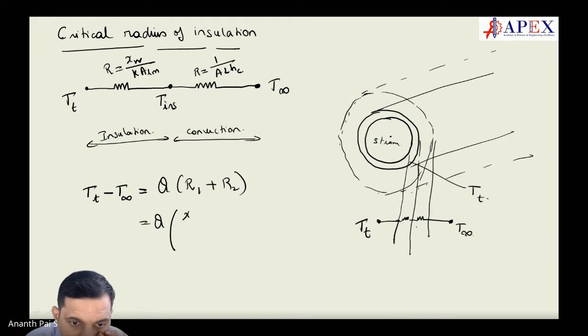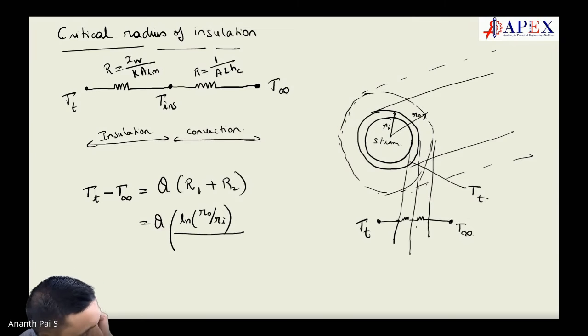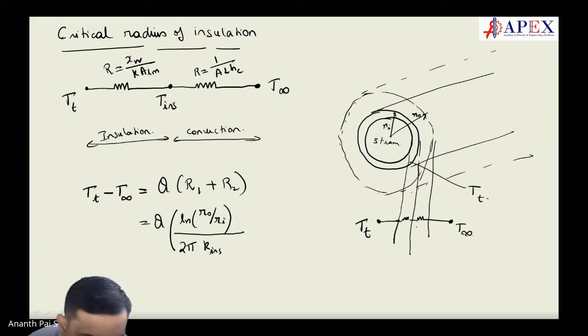R1 is XW divided by A log mean, or we can write this as log of R naught by Ri of the insulation. This is R naught, we will say. This is Ri. Of the insulation we are talking about, into 2 pi K of the insulation into L.